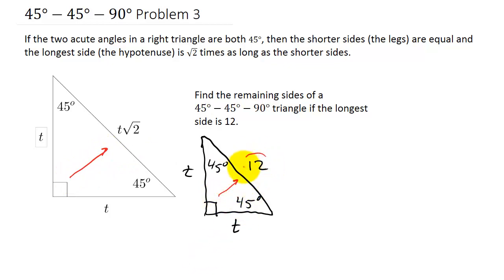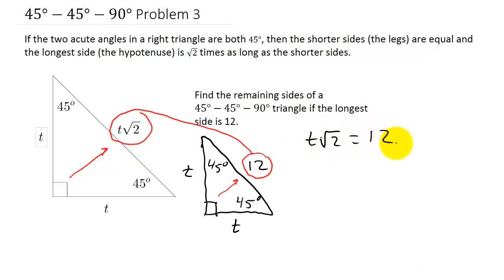So they're telling us here that the side opposite the 90 is 12. So that means 12 is equal to T square root of 2. And so we set these equal to each other and we solve for T. So I get T square root of 2 is equal to 12.